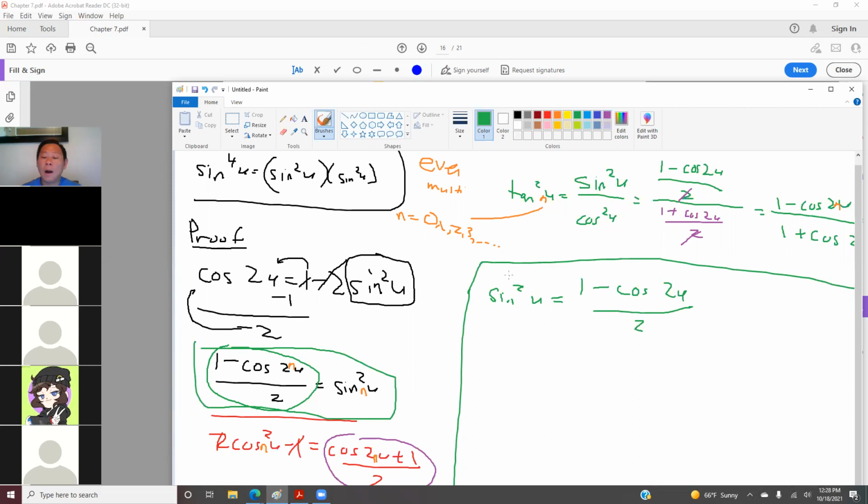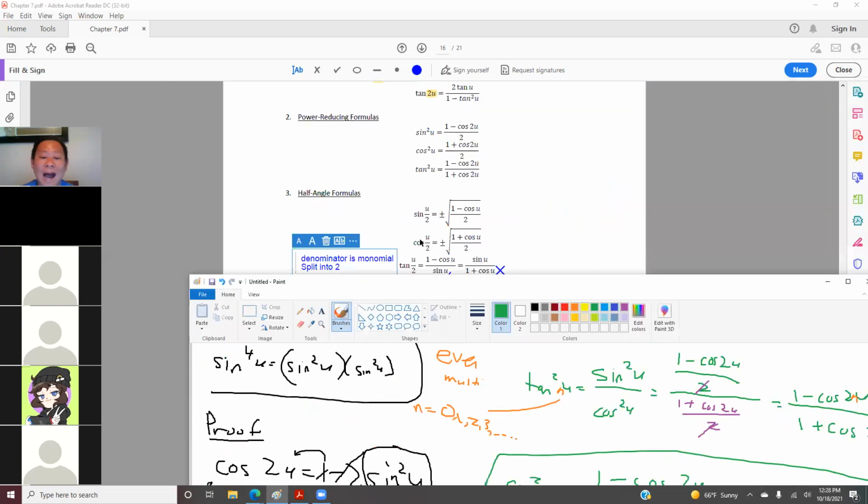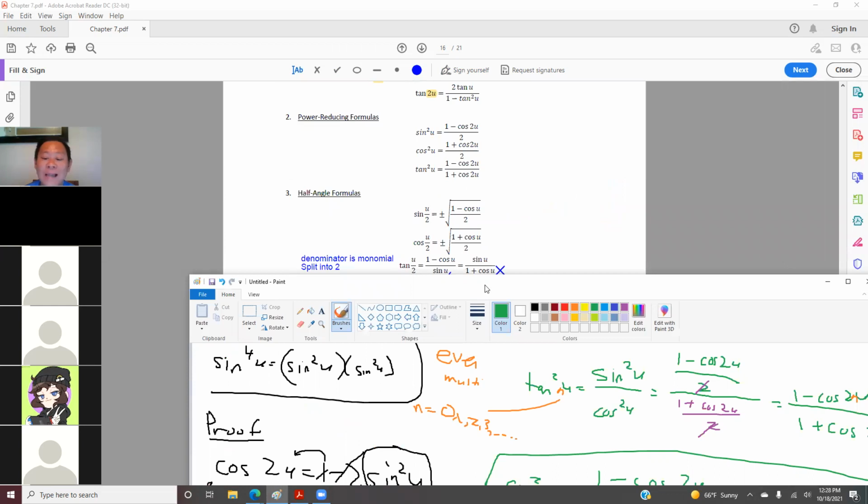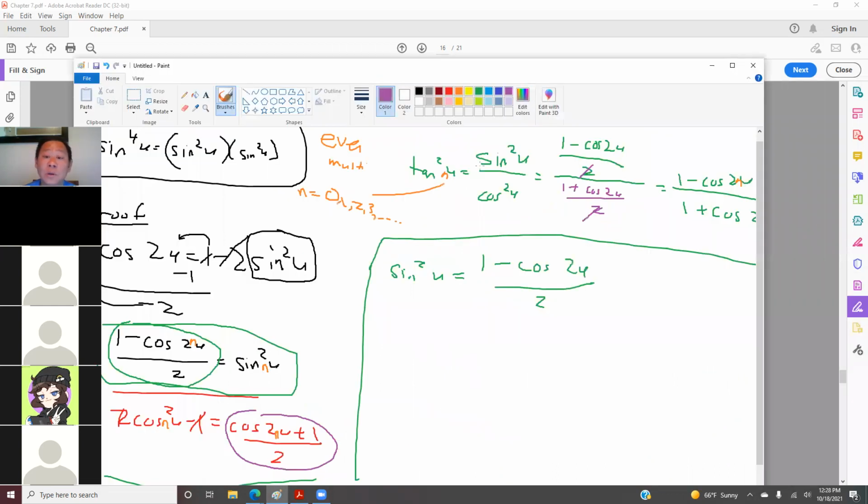But as you know, this is a half angle. When you have a half angle, I divide the angle by 2. So if your angle is divided by 2, then the other side also gets divided by 2. Whatever you do to the angle u, you also have to do to the angle on the other side of the equation.